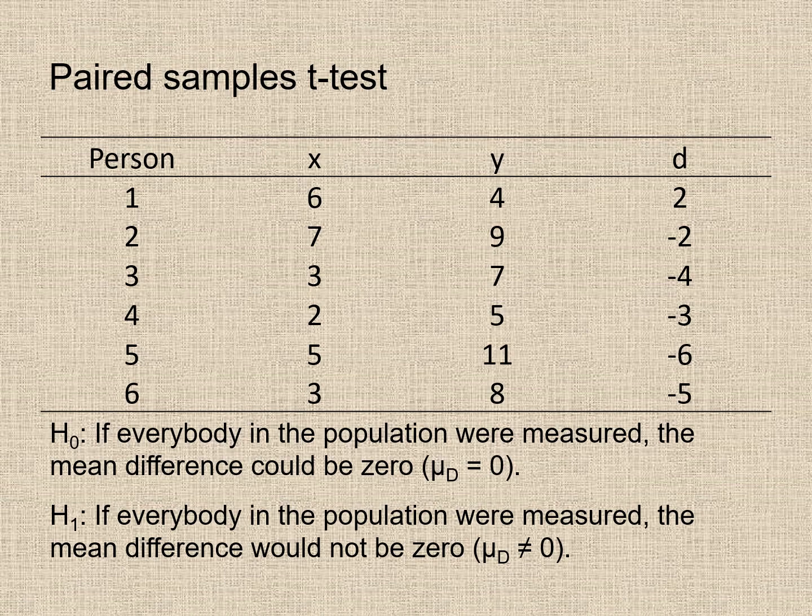So if the average x and the average y is the same in the population, and we have data for the full population, then we would see that the mean value on this difference variable is 0 in the population. So the null hypothesis claims that the mean difference between x and y in the population is 0, while the alternative hypothesis claims the opposite, that the mean difference between x and y is not 0 in the population.